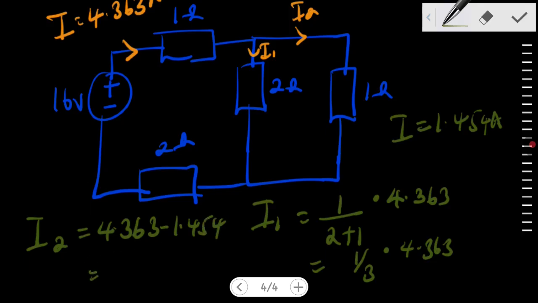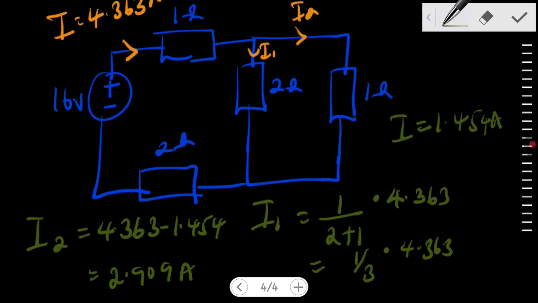So in this case, I'm going to be getting 4.363 minus 1.454, giving me 2.909 amps, right?